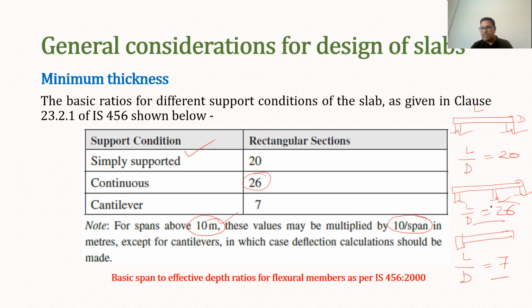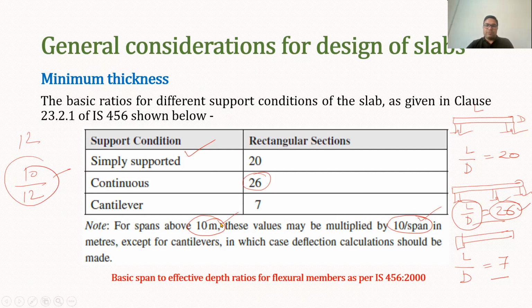So whatever value we have got is for up to 10 meter span. If we have a span of the slab more than 10 meter, for example 12 meter, then we will find out this ratio, and this ratio will be multiplied by the earlier ratio. Then only we will get the L by D ratio for our case. Okay.